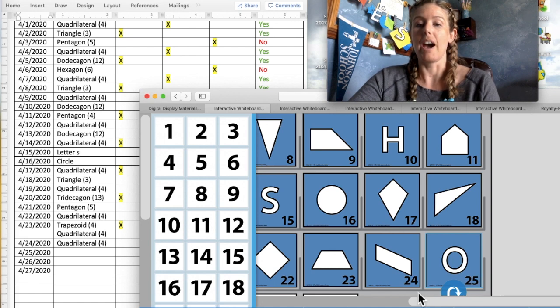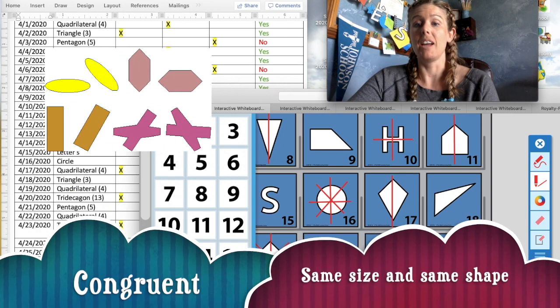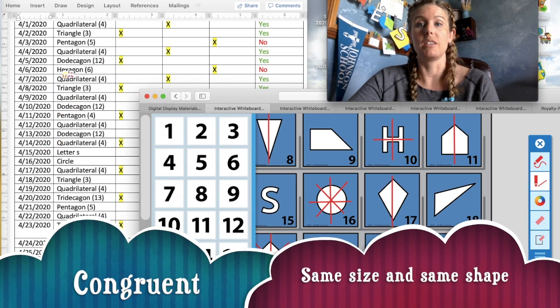So with our circle, just like we had here on the 16th, let's bring up our writing utensil. We know that we can make some lines of where we would fold. If my fold crease was right here, I would have two congruent halves, meaning that this shape would be what?